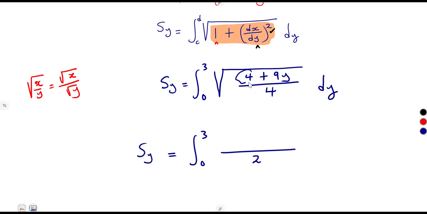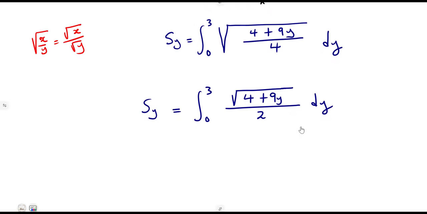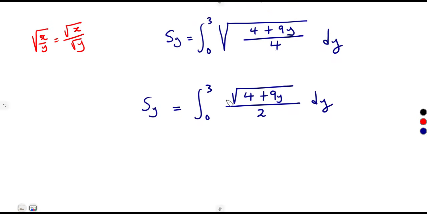But we cannot determine the square root of this expression, so it will remain under the square root. 4 plus 9y as it is, it will remain under the square root. Now that we've got this, we can take out the constant. Remember, this is the same as 1 over 2. So we can take that one out of the integral, the 1 over 2.